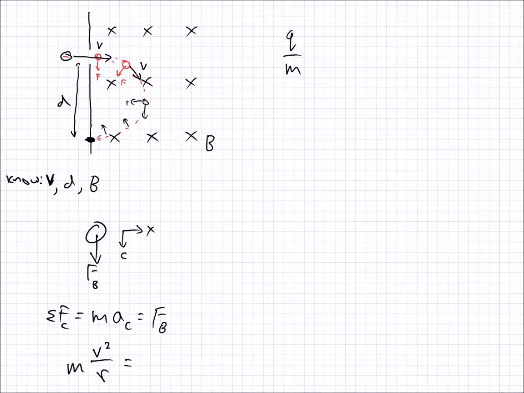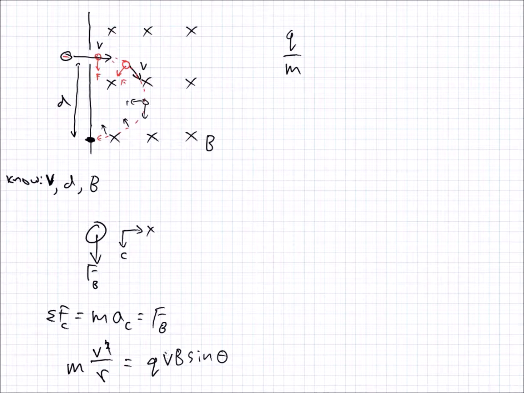Magnetic force, well, we have a few expressions for that. Since this is some particle with some velocity moving through a magnetic field, we'll take this definition: charge times velocity times magnetic field times the sine of the angle between the velocity and the magnetic field. Okay, let's see, we've got a velocity on both sides.